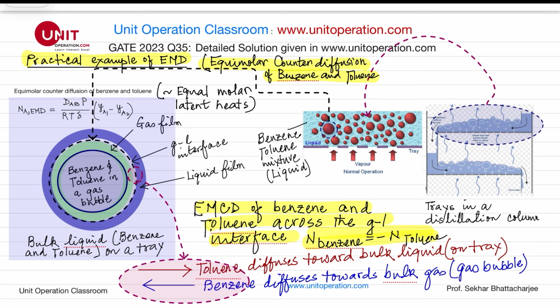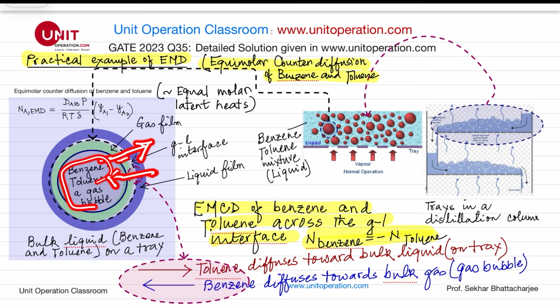As you can see, since benzene and toluene have almost equal molar latent heats, which is very standard information, what will happen is that in this particular gas film, the toluene will tend to go from the bulk gas to the bulk liquid, and benzene will tend to move from the bulk liquid to the gas.